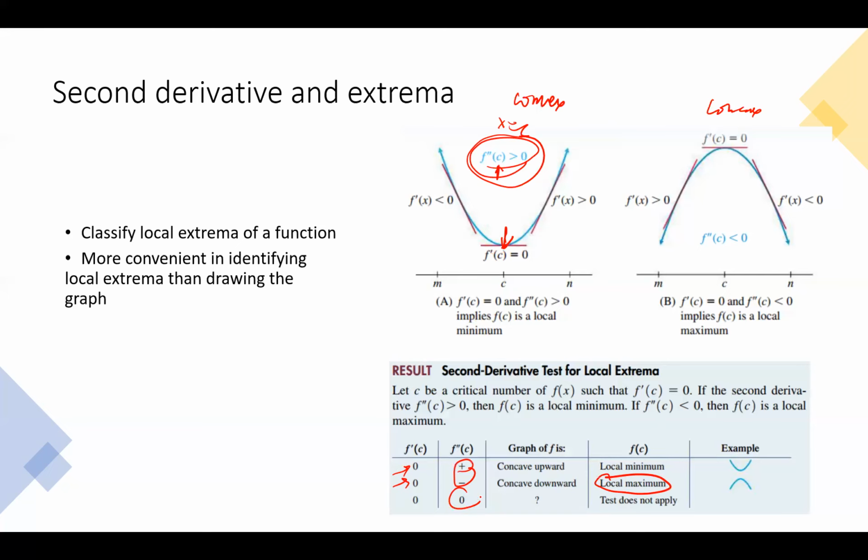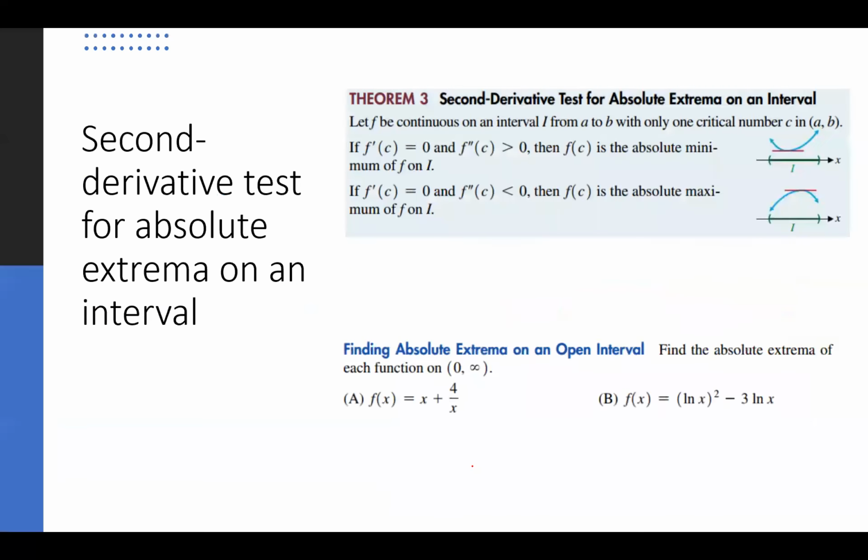However, when the second derivative is zero, which is a bit obscure, then we cannot make any conclusion from that. We still need to reason about what the function looks like graphically, and then see how it goes. Okay, so that's the second derivative and its use in finding extrema.